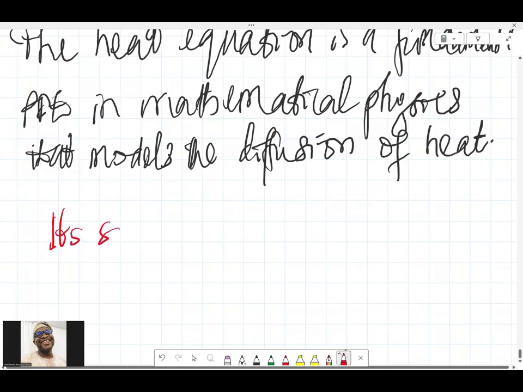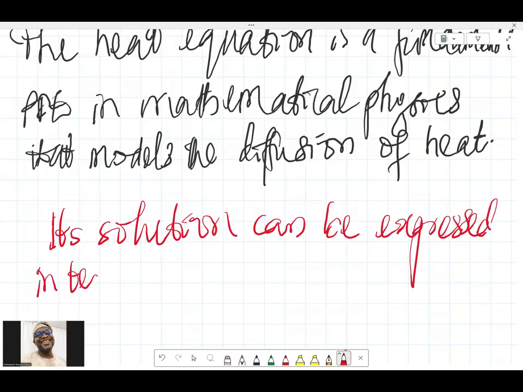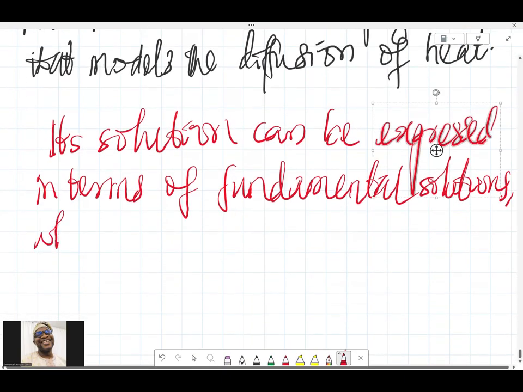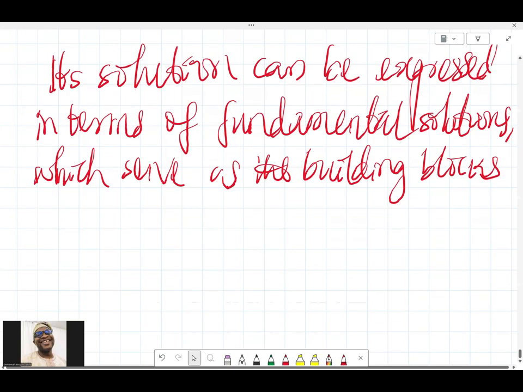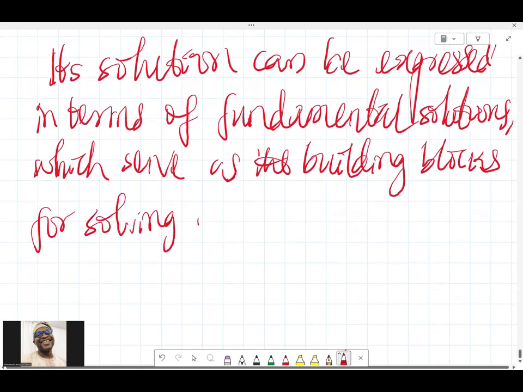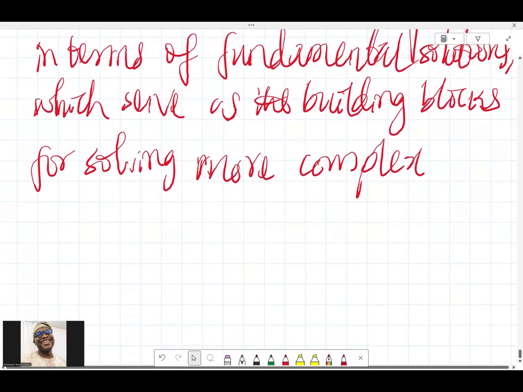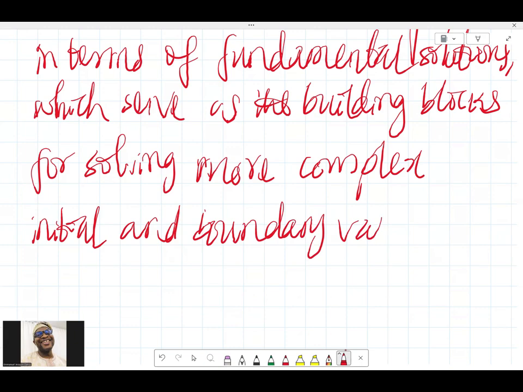Its solution can be expressed in terms of fundamental solutions, which serve as the building blocks for solving more complex initial and boundary value problems.